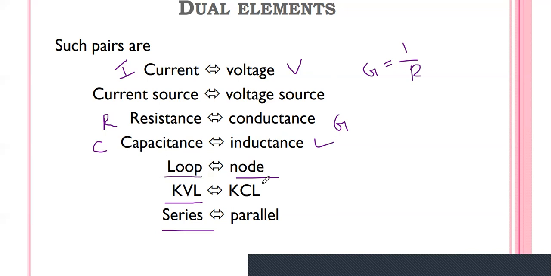Loop we convert into node, and node is converted into loop. KVL we convert into KCL, and KCL we convert into KVL. Then series is interchanged with parallel, and parallel is interchanged with series. So these are all the dual elements we are going to use in order to draw the dual network.